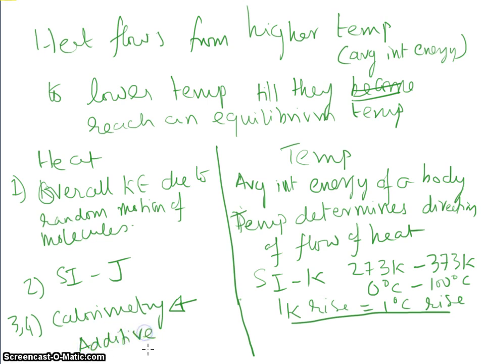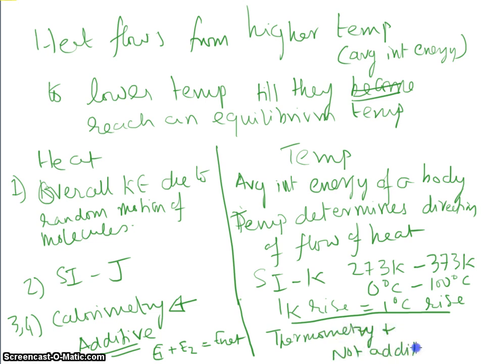When I say additive, if I mix 2 beakers of water, the overall energy of the water is additive, right? If energy of beaker 1 is E1 and the other one is E2, the net energy is equal to E1 plus E2. Now the same cannot be said about temperature. Temperature is measured by thermometry, and it's not additive.